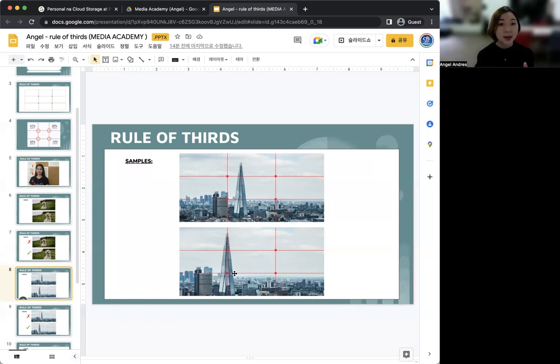This creates a better focus. If you want to create more focus on the subject, use the rule of thirds. As you can see here, tell me which one has the better image. Of course, the second example, because it uses the rule of thirds.